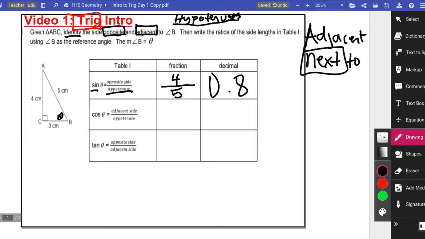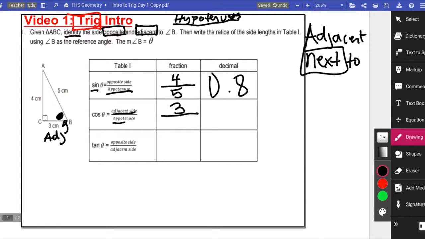All right, it's like your neighbor. Adjacent to this, the number or the side that's closest to this is the 3. So adjacent is the 3. All right, that will be my adjacent because it's right next to this point.